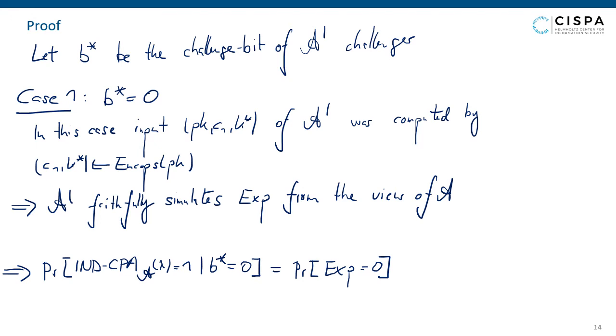Because if B asterisk is 0, A prime wins the IND-CPA experiment if it outputs 0, but it outputs 0 if our algorithm A outputs the wrong answer. That's exactly the case when exp equals 0.